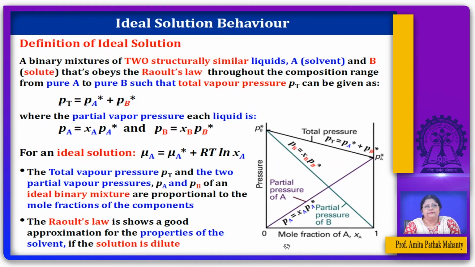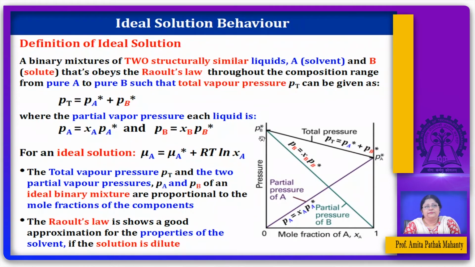So on this axis, the vapor pressure of B is initially equal to 0, but gradually as you increase the mole fraction of B, the mole fraction of A keeps decreasing till a point where only B is there. And at that time the partial pressure should be equal to the partial pressure of the pure state.